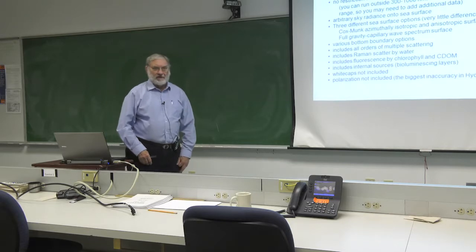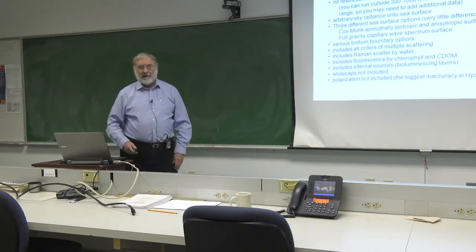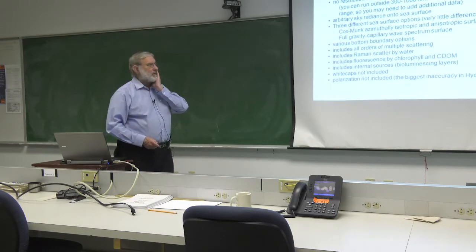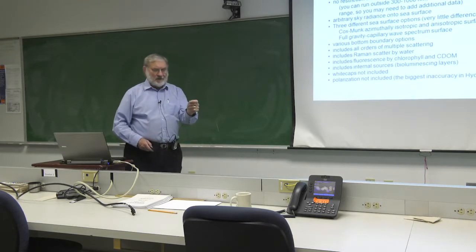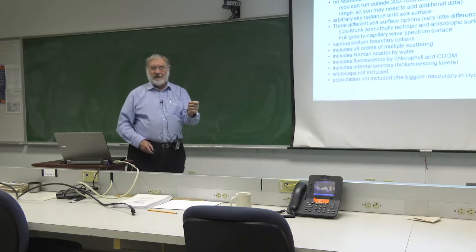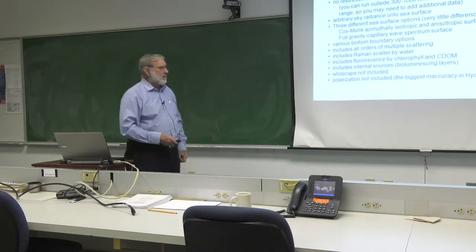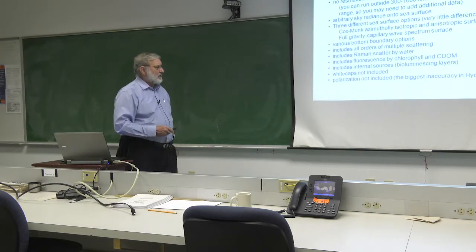Or, if you're sitting on a ship, it's so bright you can read a newspaper sitting on the deck. So that's the sort of thing that's here, but not a point source of bioluminescence or a light bulb in the water, because that's then a 3-dimensional problem. And it doesn't include white caps in the sea surface model.